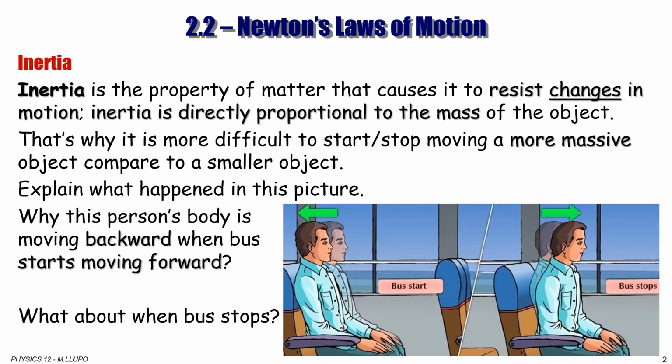Since the head is free to move, that's why the head is moving backward. It's staying at that previous position. The same thing happens if the bus is stopping. That means that we were already moving and we want to continue to move.